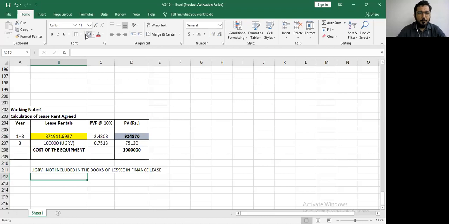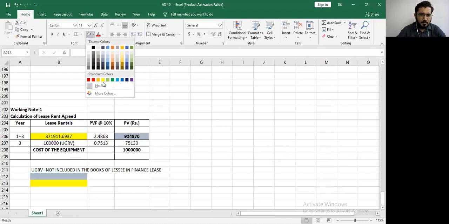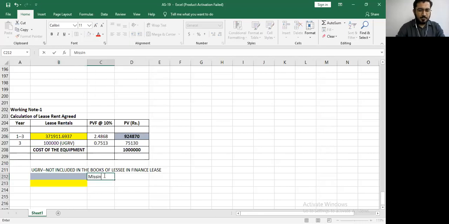Okay, let me put this for you. These two are missing values, or you can also call them balancing figures.